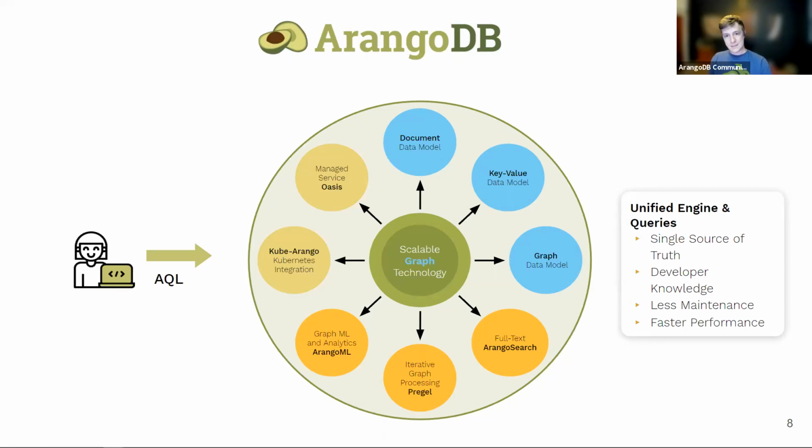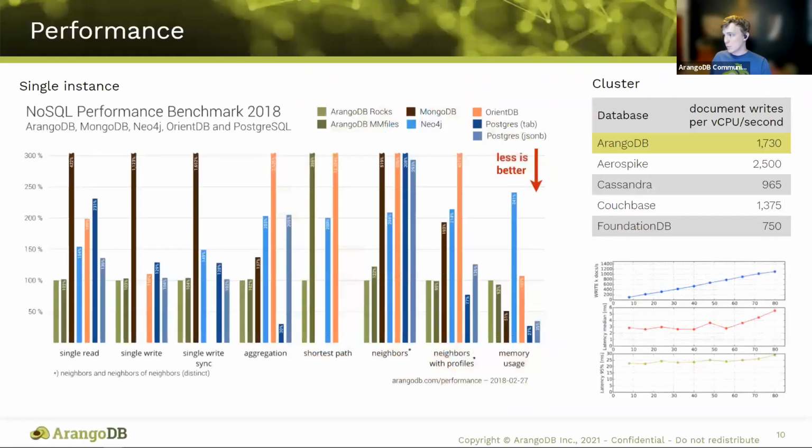You can nest a document lookup in a graph traversal and vice versa. You can perform full text federated searches alongside a graph traversal, all while using AQL. And I think this is what makes ArangoDB so powerful: you have access to all of these data models, all with a single query language.